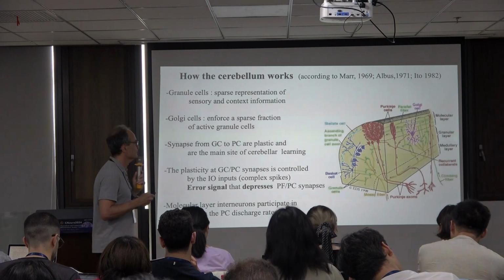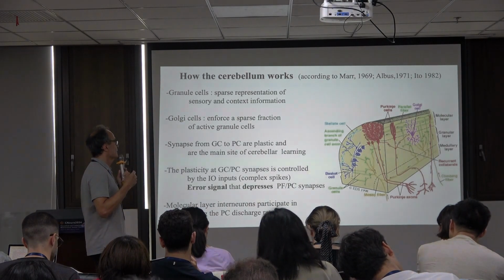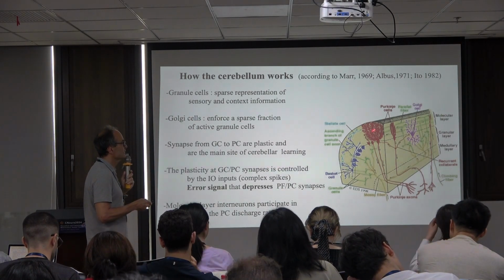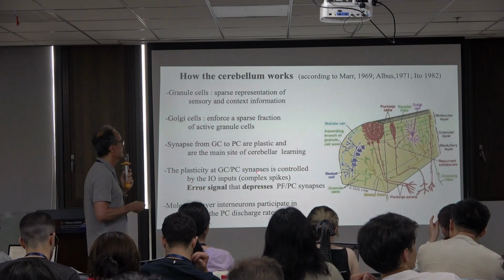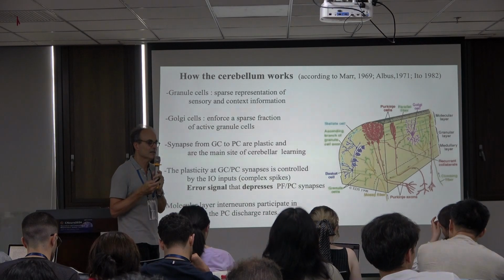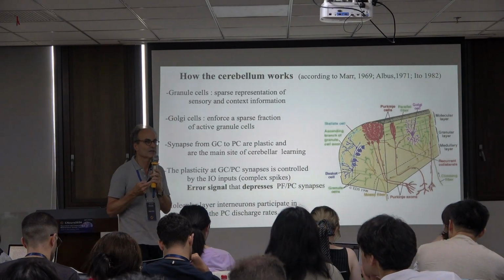The idea that has been developed is that the plasticity at this synapse is controlled, in some sense, by input coming from the inferior olive.